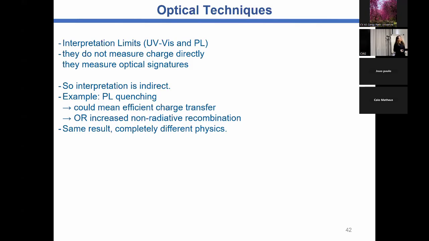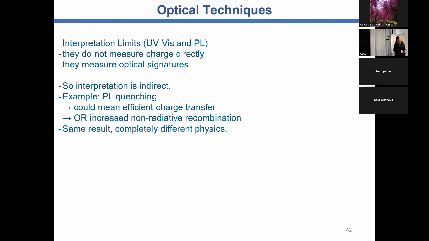In this way, the optical techniques do not measure charge, they measure optical signatures, and the interpretation is quite indirect in terms of the charge, because we cannot ensure the charge is moving, but we can correlate using the optical signature of the material.